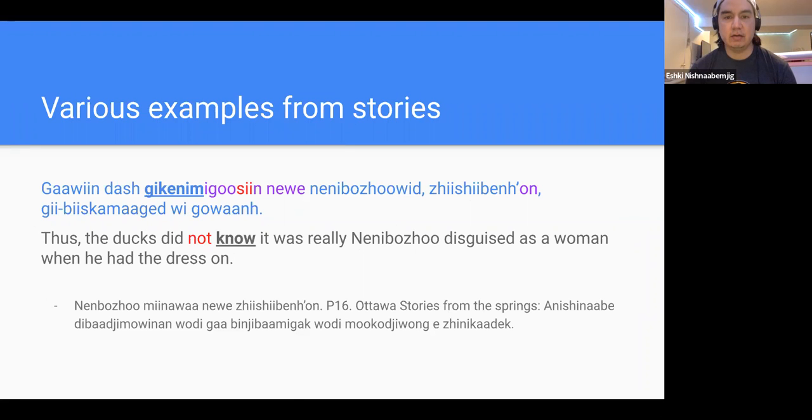They didn't know that he was Nanabojo, Shishibayan. So the Shishibayan is obviated and they're doing the action. We know that because of the ego. But then there's the negative, so we know that they don't know.